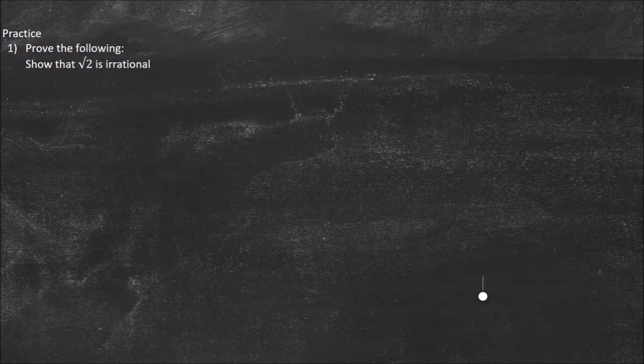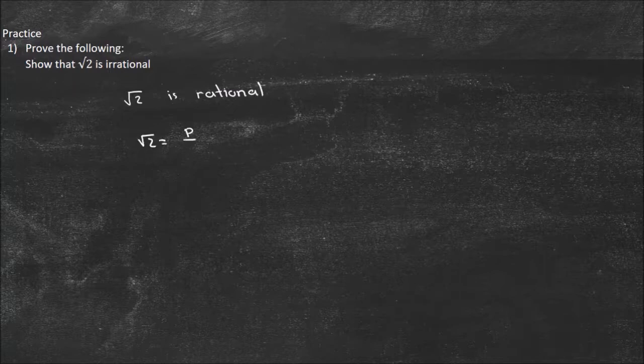So how do we do it? Well, just so you know, this one is pretty challenging, so if you don't get it right away, that's okay. So what we do is we assume the opposite, so we assume square root of 2 is rational, right? Because that's what contradiction is. Okay, so that means that square root of 2 equals p divided by q, where p and q are both integers, and we're assuming it's the most simple rational number that we can get, and p and q share no common factors.